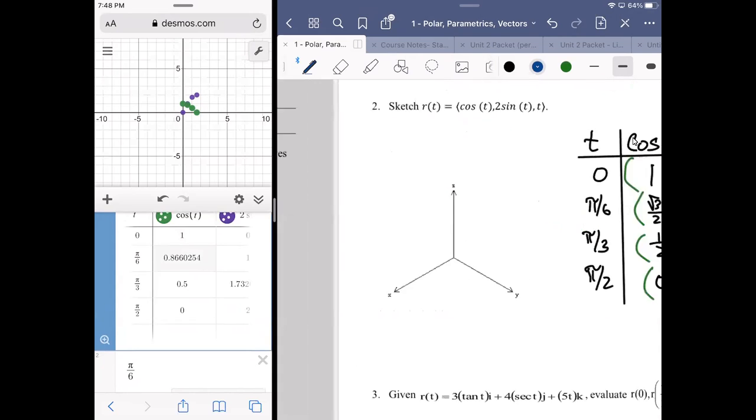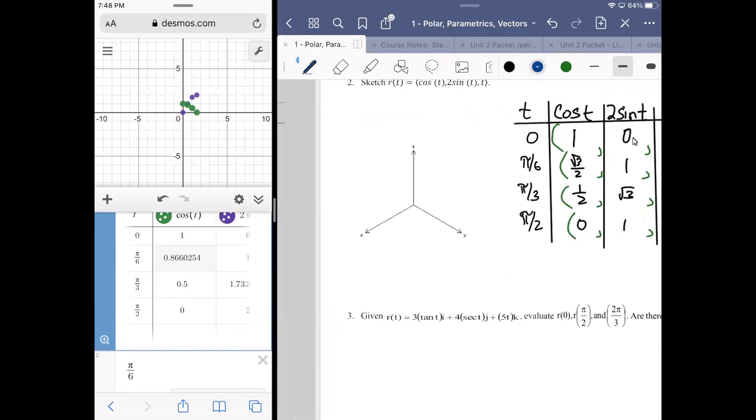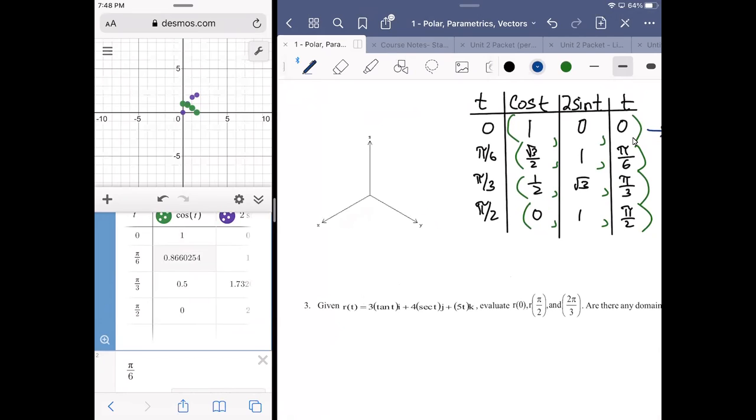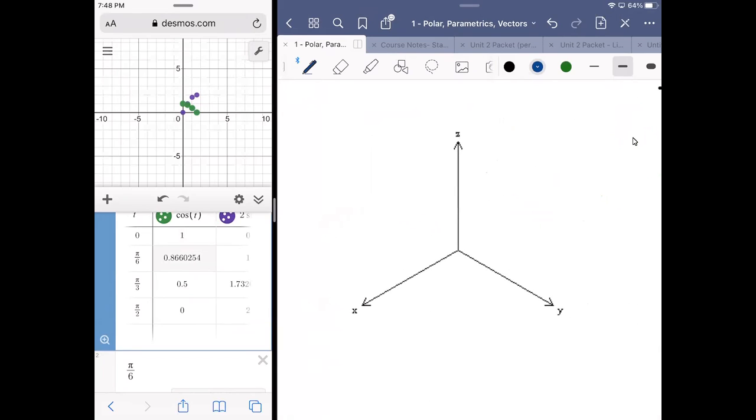So 1, 0, 0. I'll go out one, and I'll take note of what the largest value is in terms of x. 0.8-ish is what radical 3 over 2 is, 0.86. So I'm going to just go out 1 unit in each direction for x and y.